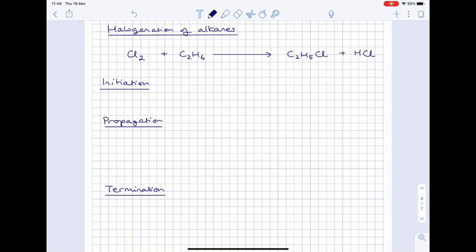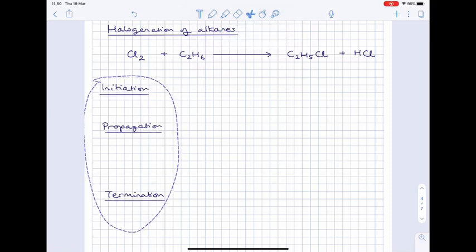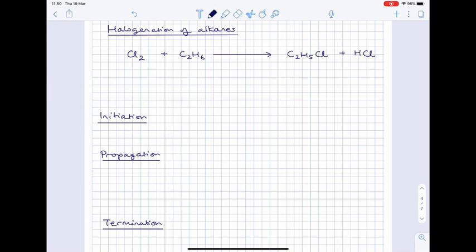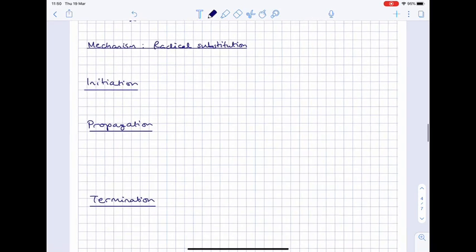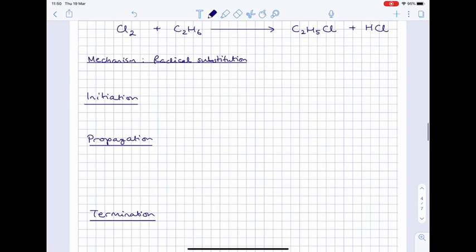So the mechanism, as a revision, has 3 stages, and the mechanism is a radical substitution. Okay, and as we said, there's 3 stages. So the first stage is the initiation.